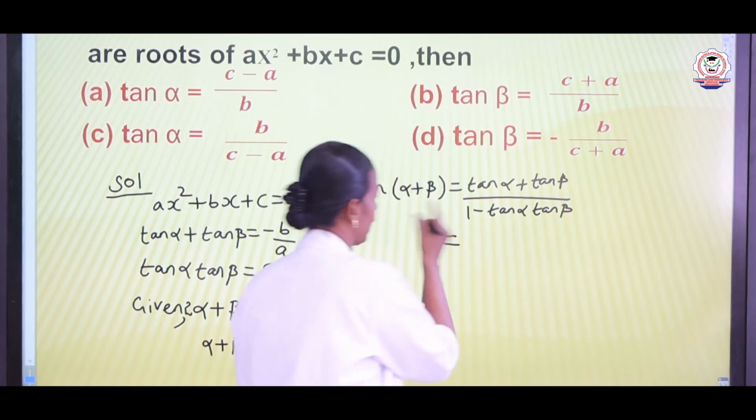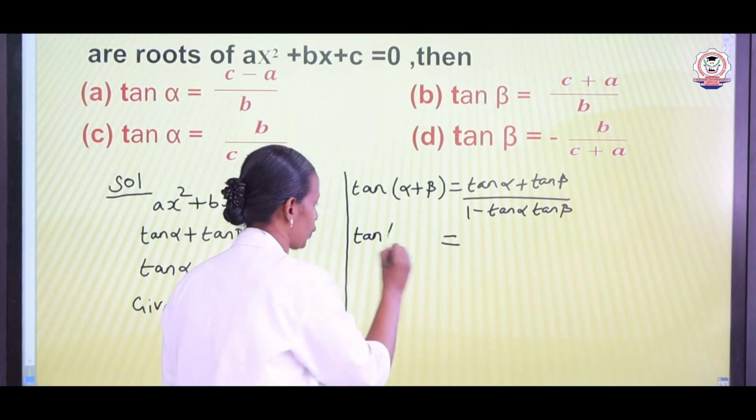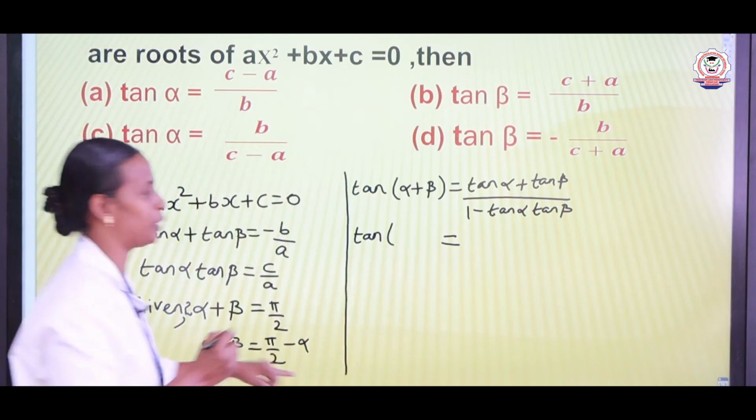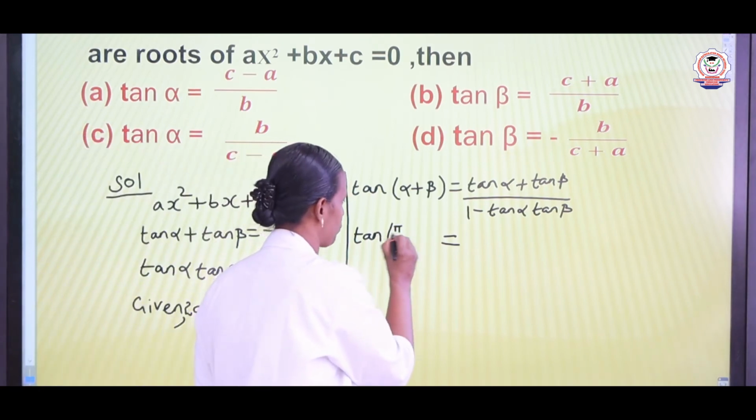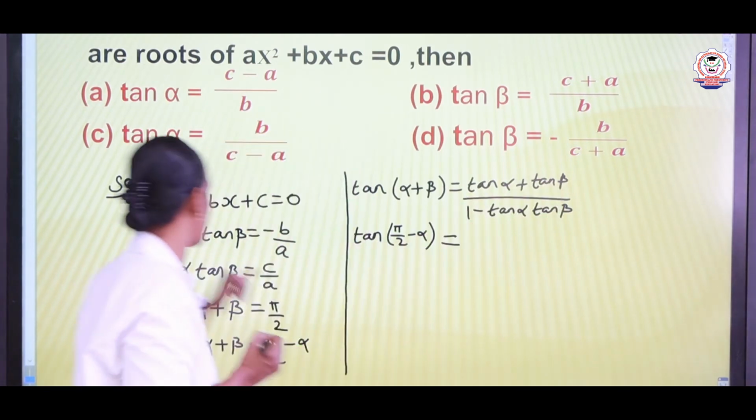So, tan of alpha plus beta, what is your alpha plus beta value? Pi by 2 minus alpha. Tan alpha plus tan beta equal to what?